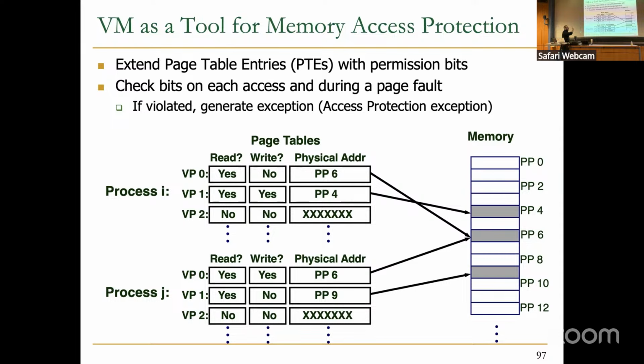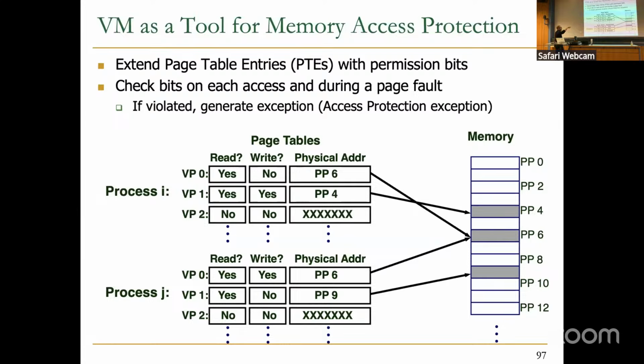If we violate any of these access bits, then we generate an exception. That's how a segmentation fault happens in your system. When you're trying to access a virtual page that you may not have allocated yet, and it's not your own, and you bypass the bounds of your array, that's where a segmentation fault arises and says, you don't have access to this page. What are you doing, right?